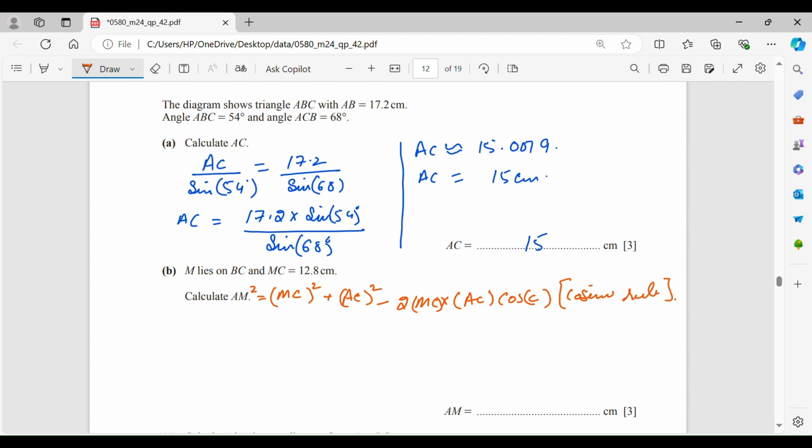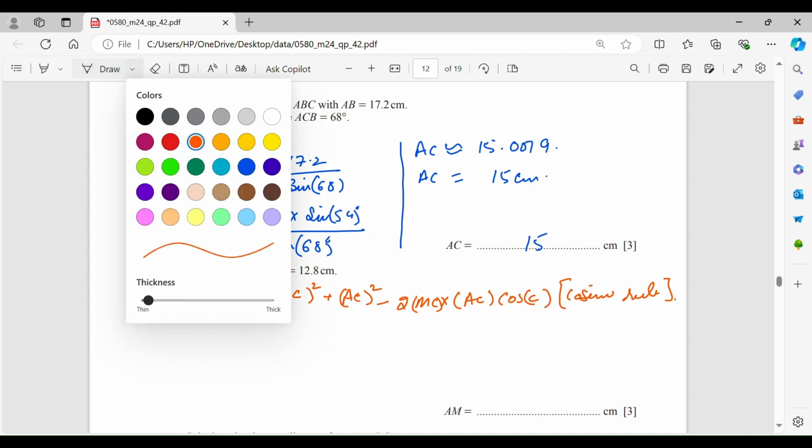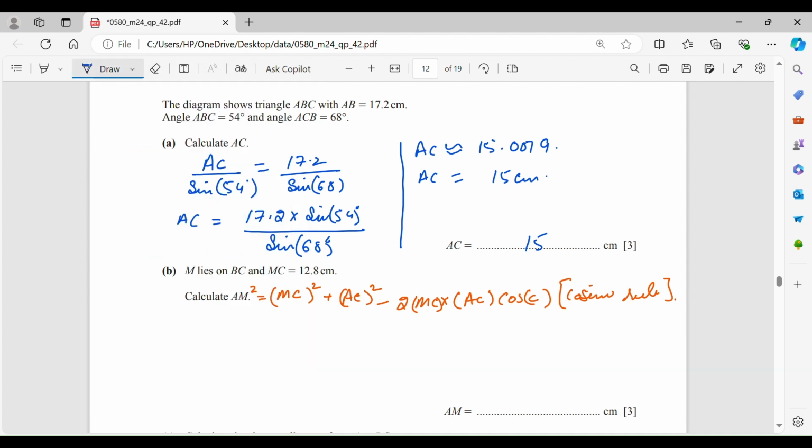Now let me change the color. We will substitute all the values. Sorry, I'm wrong. This is not MC square, this is AM square.